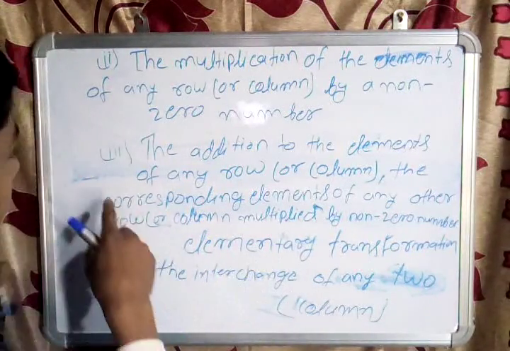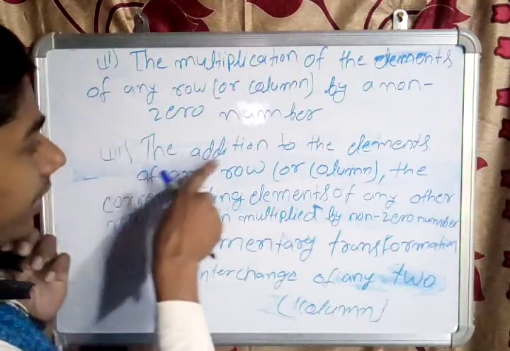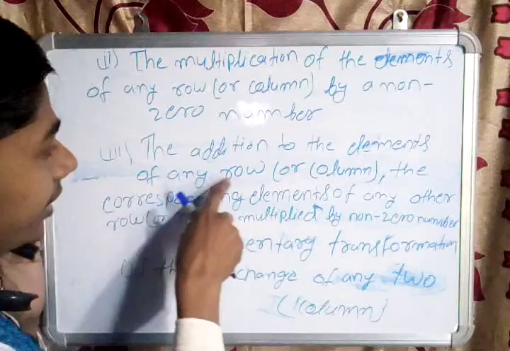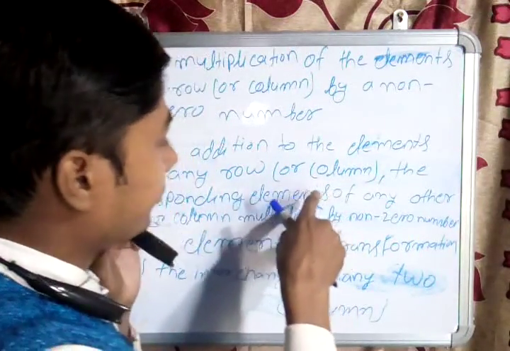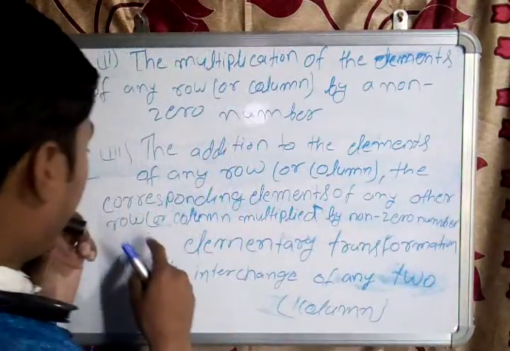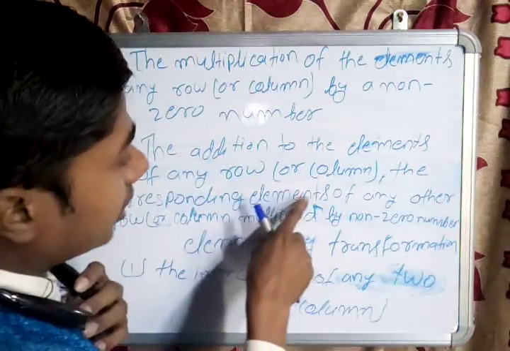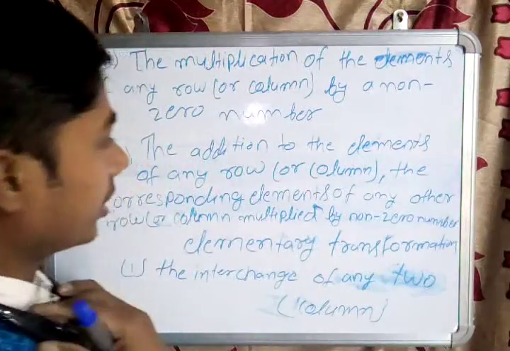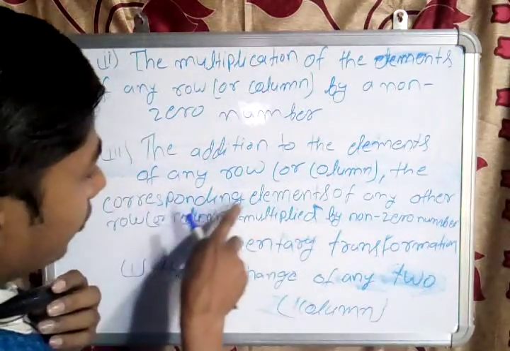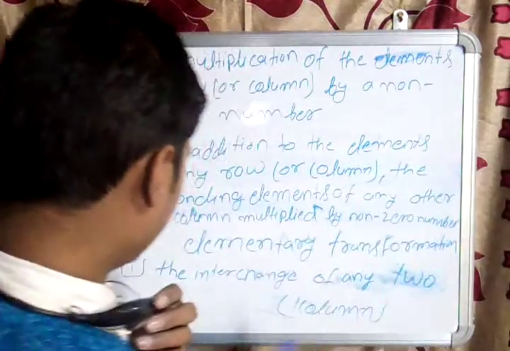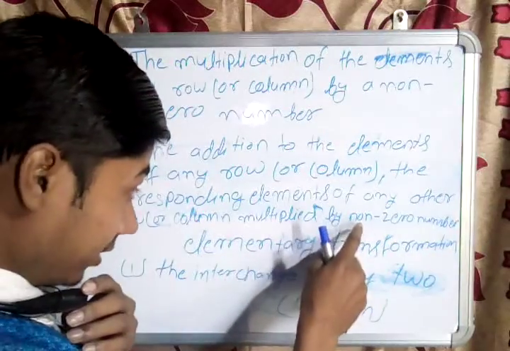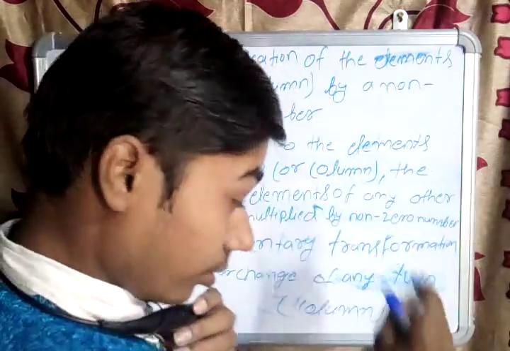And third point, the addition to the elements of any row or column, the corresponding elements of any other row or column multiplied by a non-zero number.